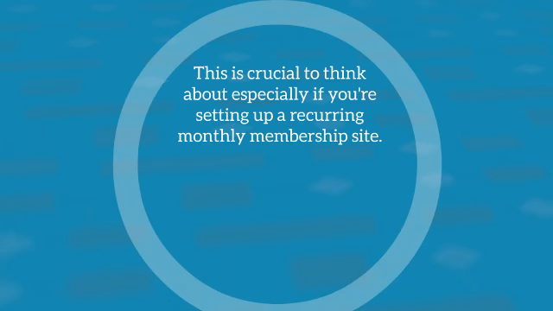And this is a crucial thing to think about, especially if you're trying to set up a monthly recurring membership site where you earn profit every single month. The reason is that if you want to do drip feeding, you need to know that ahead of time. And fortunately, the software that we will be using does offer some of these functionalities.